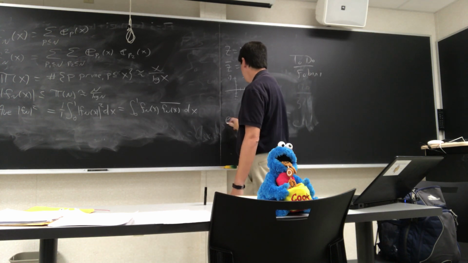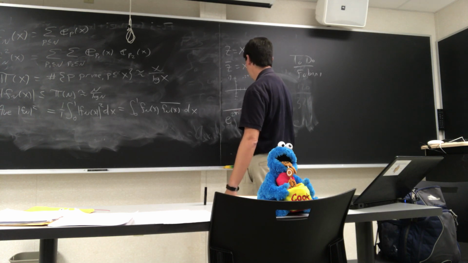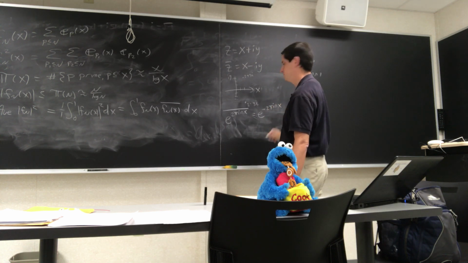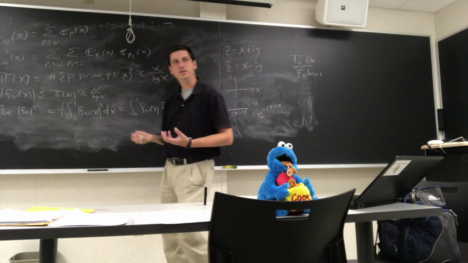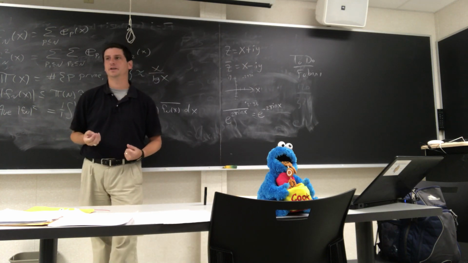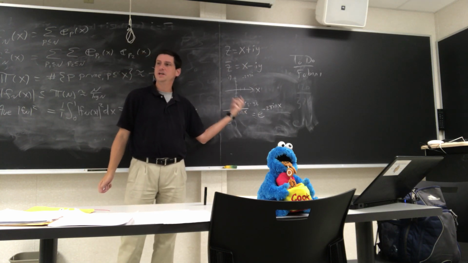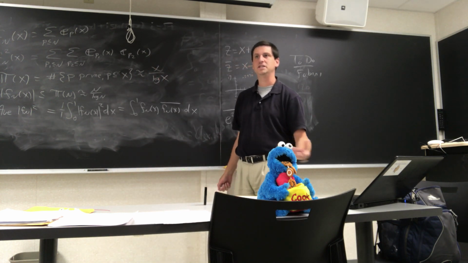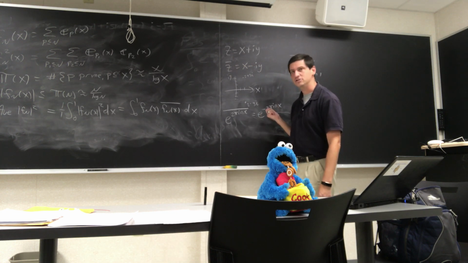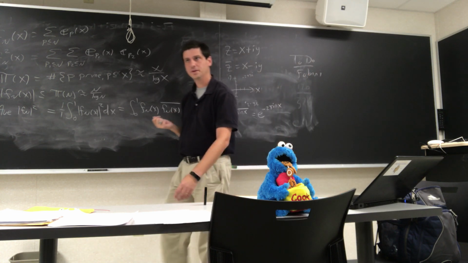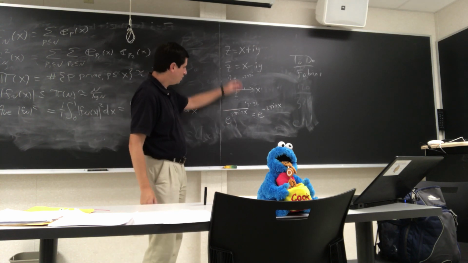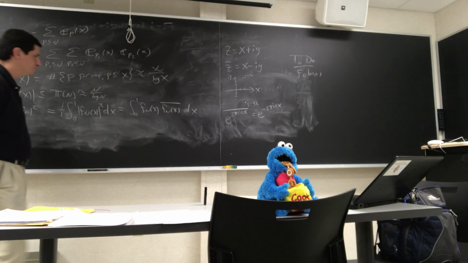And if I give you e to the 2 pi i n x, its complex conjugate is e to the negative 2 pi i n x. This comes from the exponential being cosine plus i sine. If you take the complex conjugate, the plus i becomes a minus i, and the sine of negative x is negative sine of x. It comes from sine being odd, cosine being even. This is where a lot of these trig properties come from. So this is the amount of complex analysis we need.